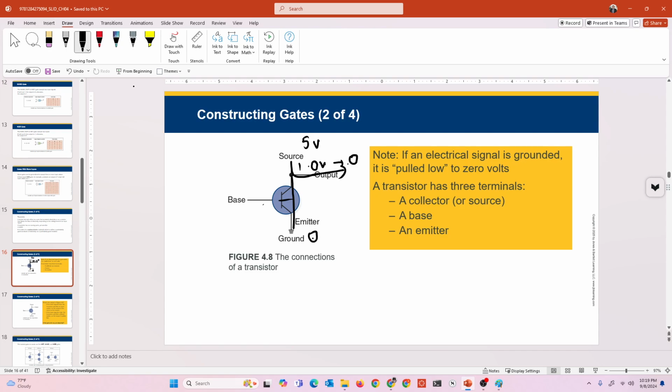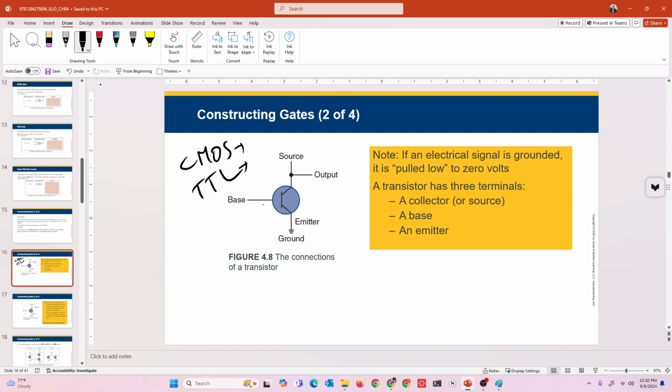Okay. So the base, and you may ask, what kind of voltage am I going to get into the base? Depending on what type of technology this transistor is, it's either built with CMOS or TTL. You can look up the abbreviations, and they're both excited with a certain number of volts.